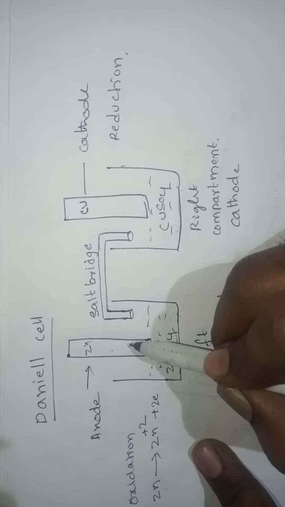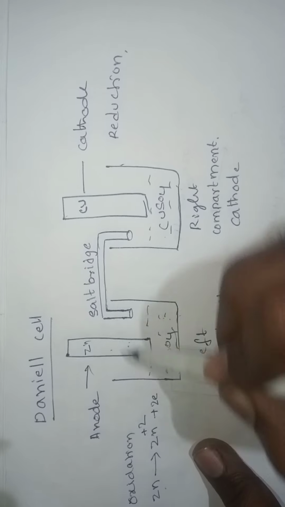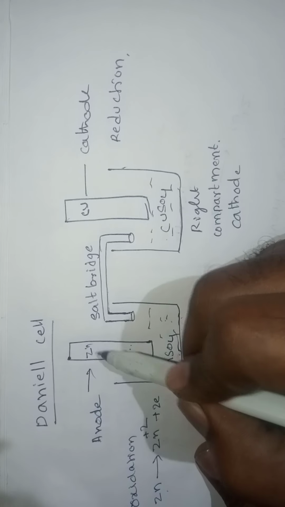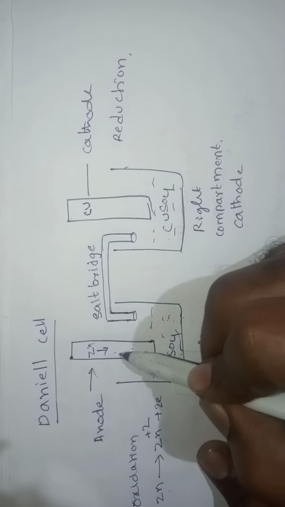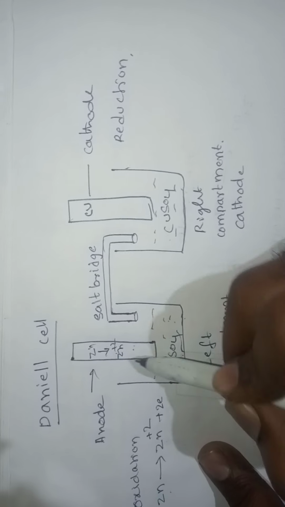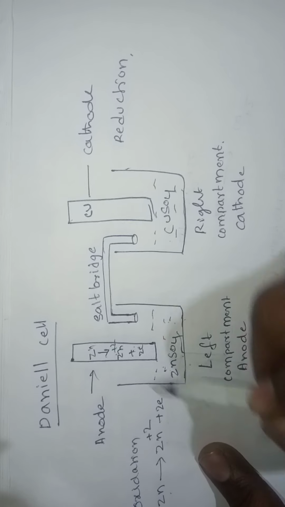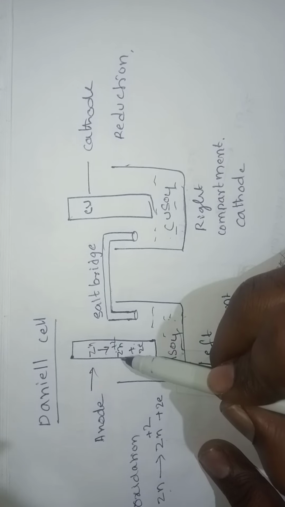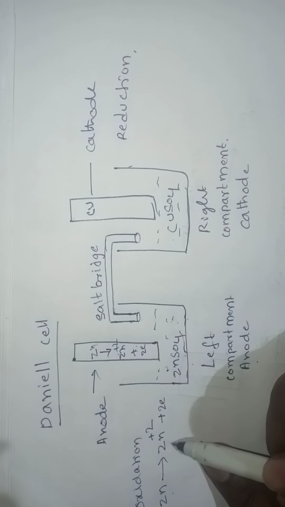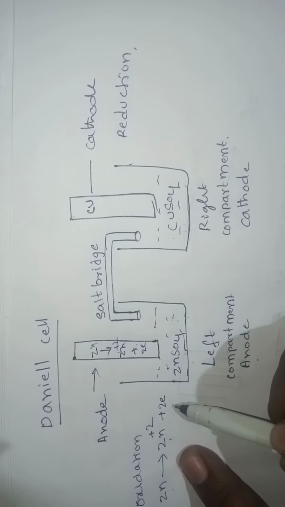So when this reaction takes place, zinc metal loses Zn2+ and 2 electrons. So here it releases ions as well as electrons.